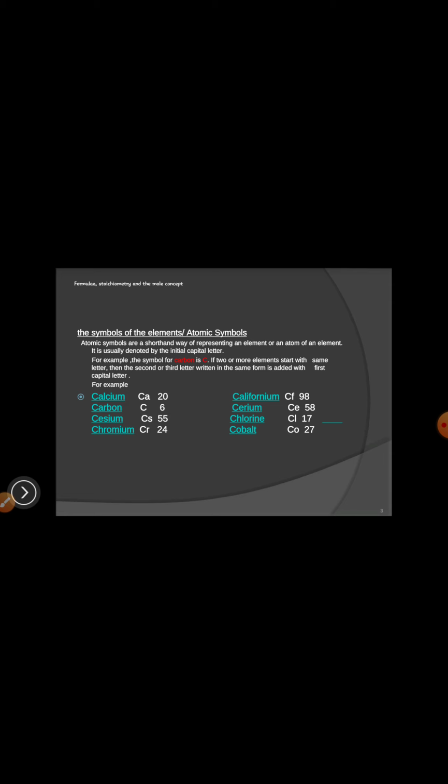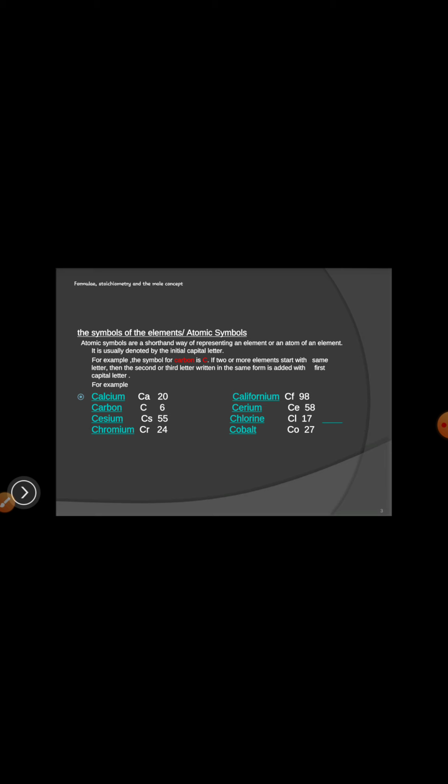For example, calcium, carbon, cesium and chromium, and some other examples are also written on this slide. Calcium, carbon, cesium, chromium all start with the letter C. So the first letter is capital, but the second letter is small so that we can understand all the elements.